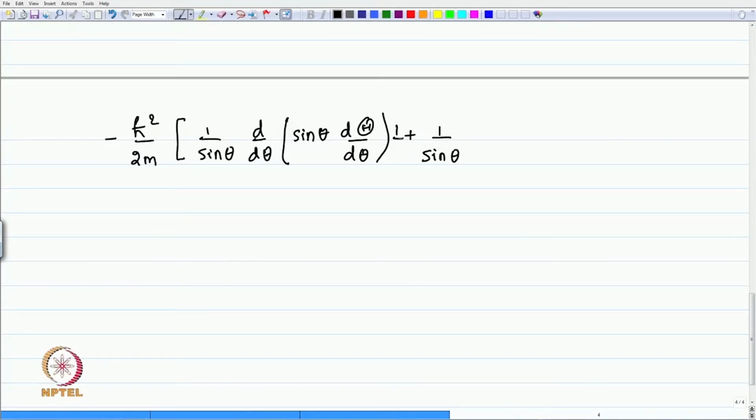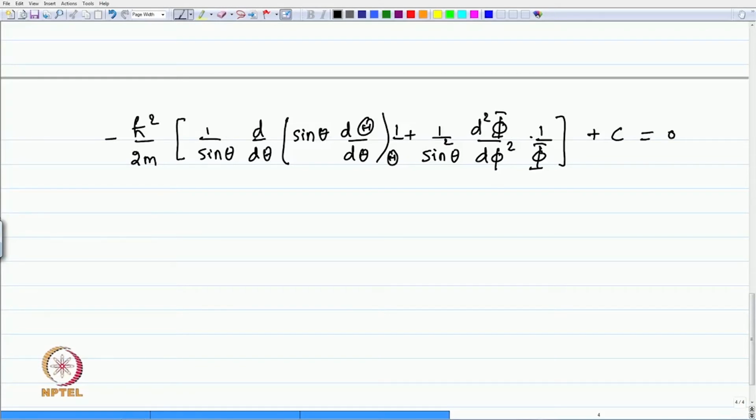There is also 1 by capital Theta here, 1 by sin square theta d squared phi by d phi square multiplied by 1 by phi. All of this is equal to minus c, therefore plus c is equal to 0.